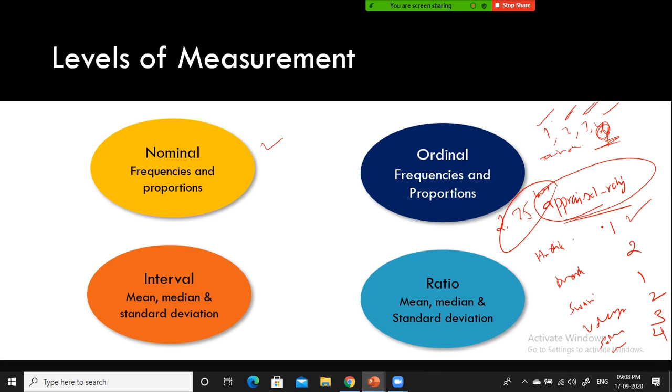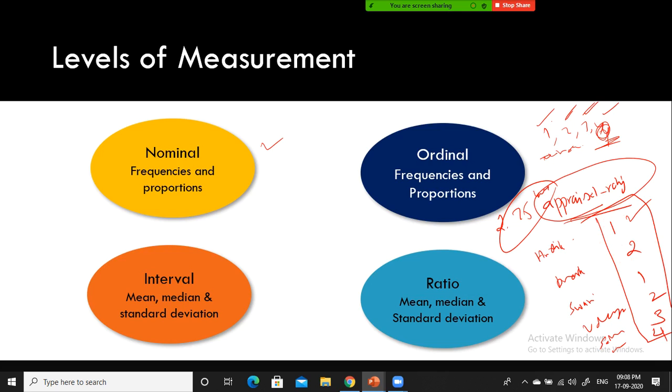Right? So if you take the average of these values, will it make any sense? It doesn't make any sense. Even in the case of an ordinal type of variable, you can perform frequencies, like you can find the number of occurrences of 1, the number of occurrences of 2, how many employees got rating 1, how many employees got rating 2.